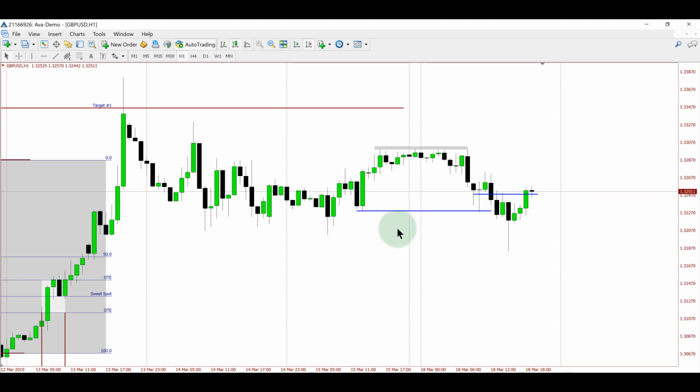So how I did it today, I looked at this low here. We stabbed down through it, and I expected some measure of a rally to clear up these equal highs. Now, I was aware that we could fail to get to the equal highs. That's the reason why I took the bulk of the trade off at the fair value gap and liquidity pool, which I'll show you when we drop down to a lower time frame.